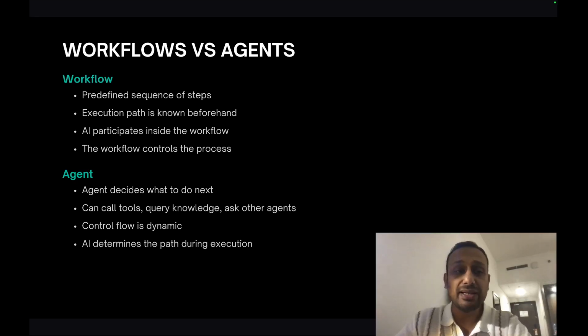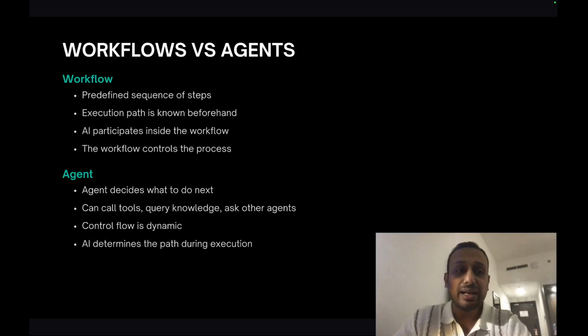When it comes to the agent, the agent decides what to do next. An agent has the capacity to call MCP tools, query knowledge base databases, or communicate with other sub agents, which means the control flow is dynamic here. The agent can perform an action, knowing the intent of that request.